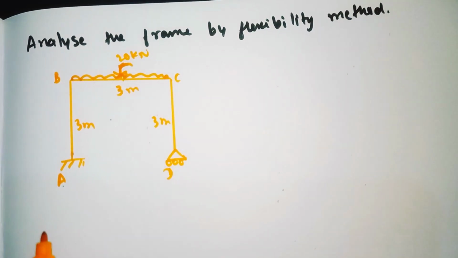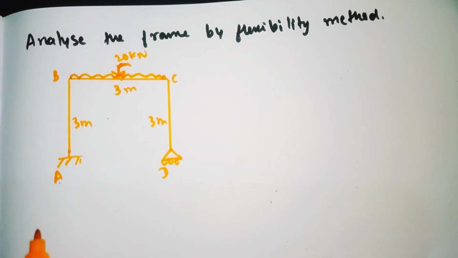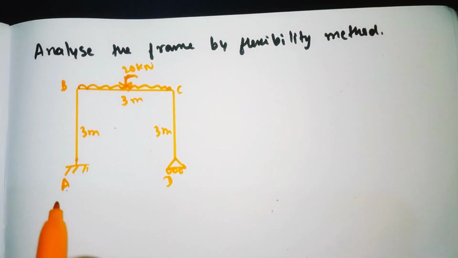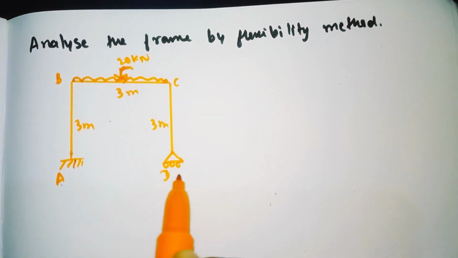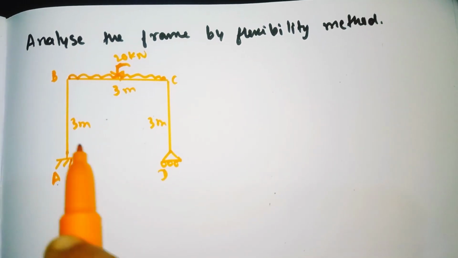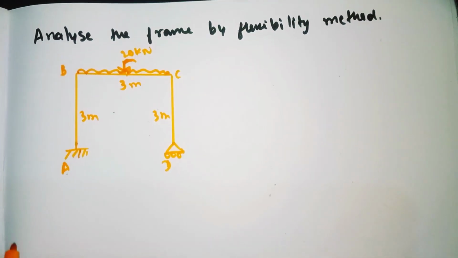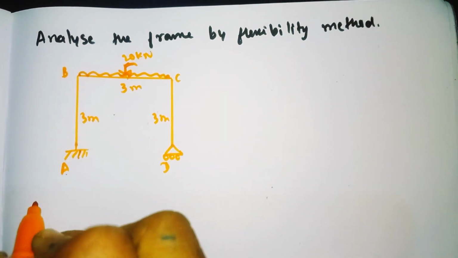So as usual our first step is to find the DS, degree of static indeterminacy. Here it is the fixed end and here it is the roller support. BC is carrying the UDL of 20 kilonewton. So now we will find the DS.